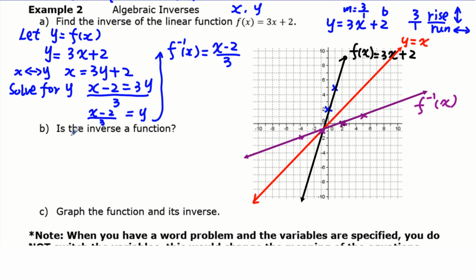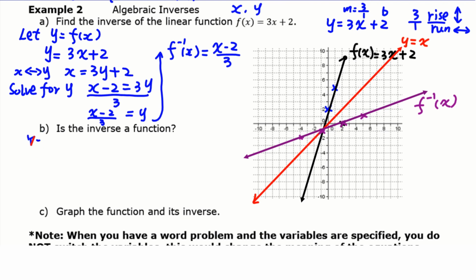So the next question is: is the inverse a function? Then we could use a vertical line test. We draw a line, and each time you will see it has only one point of intersection with the function, then the inverse of function f of x is a function.